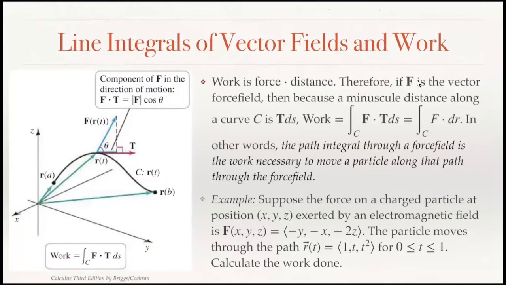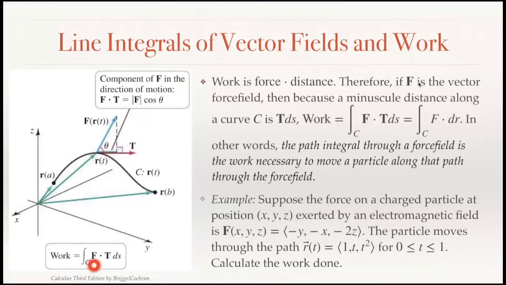And that's why the dot product is sufficient for the projection, because F dot T is magnitude of F, magnitude of T, cosine theta. However, T is a unit vector, so its magnitude is 1. You don't even have to write it. So that dot product is directly the projection onto the direction of motion.